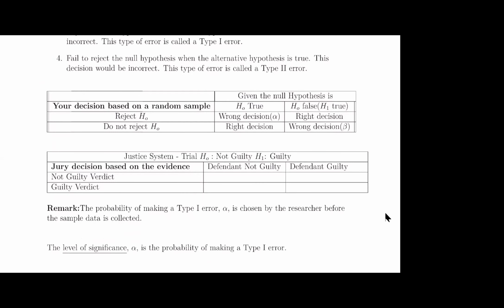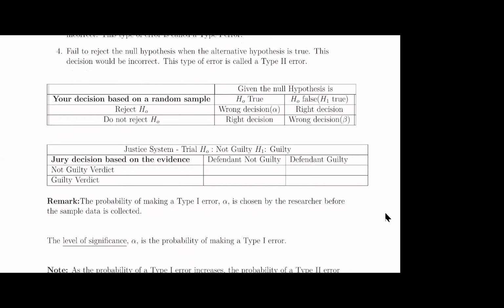All right, to get you started, let's do this table right here. If you look at the top, and you're looking at these columns, assume that this is the actual truth.